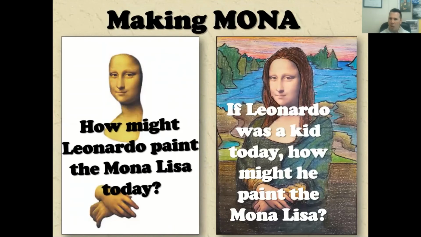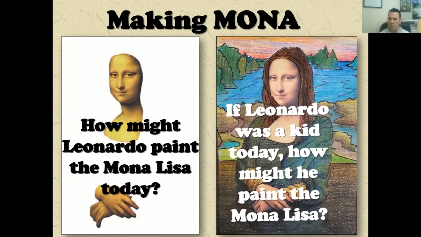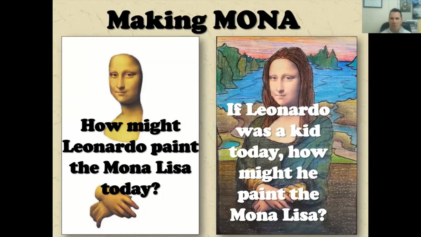So how might Leonardo have painted the Mona Lisa today? If Leonardo was a kid today, how might he paint the Mona Lisa? You're going to answer that question with your painting. You're going to paint the Mona Lisa however you think the Mona Lisa might be painted today, or however you want to paint the Mona Lisa. And you can have fun with it.